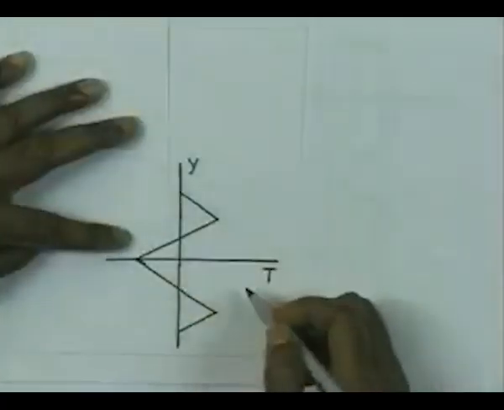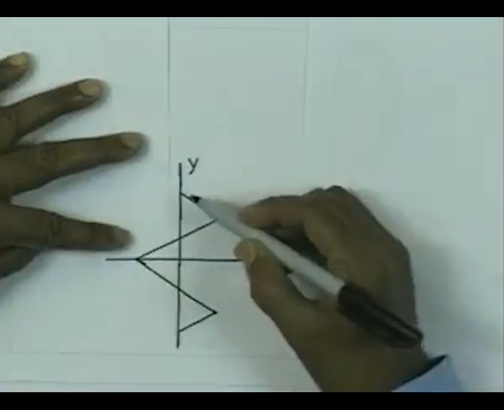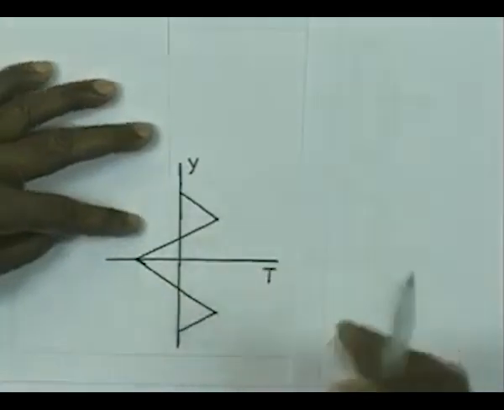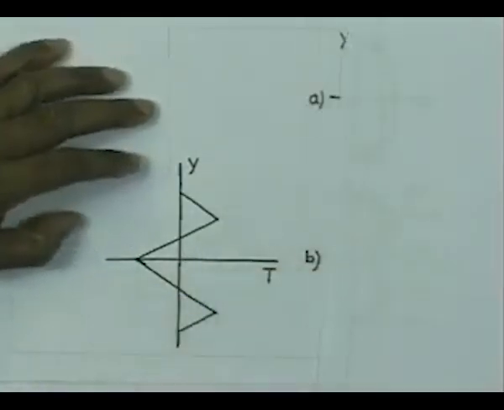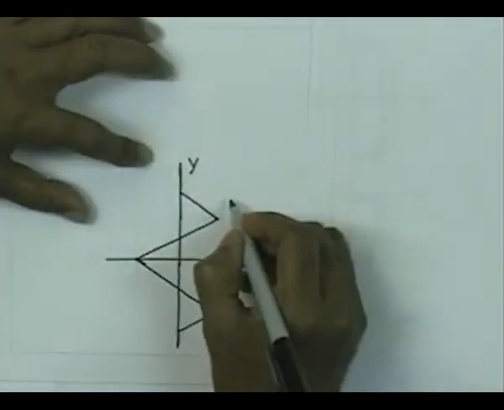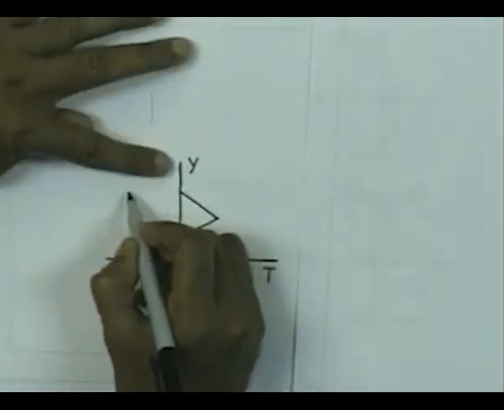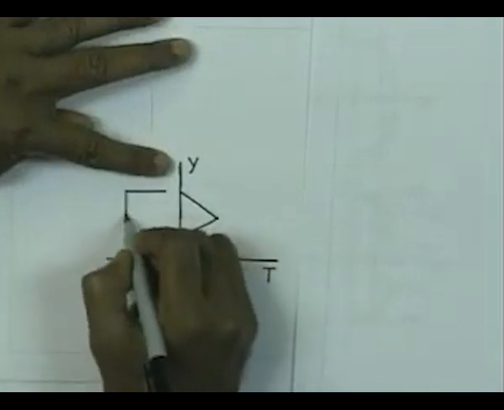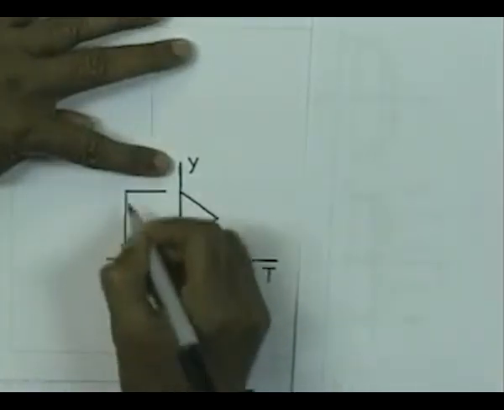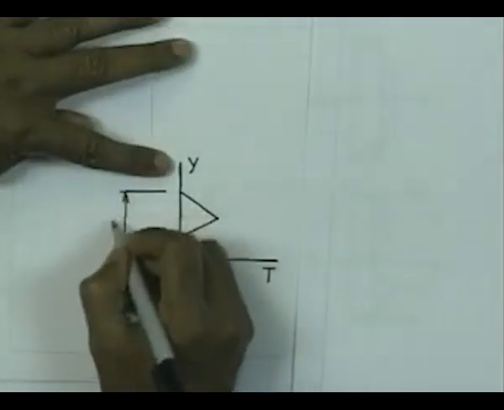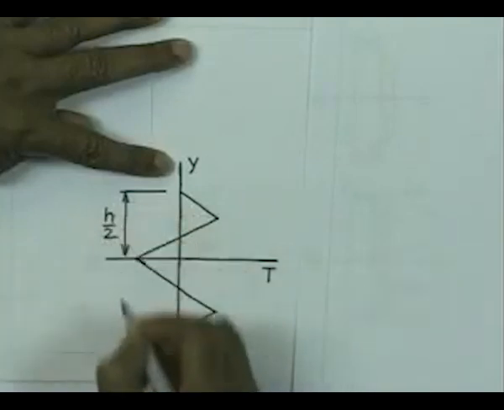I would like you to now consider one example for solving. The temperature distribution is shown here. The height is from here to here. So, therefore, this distance is h by 2.